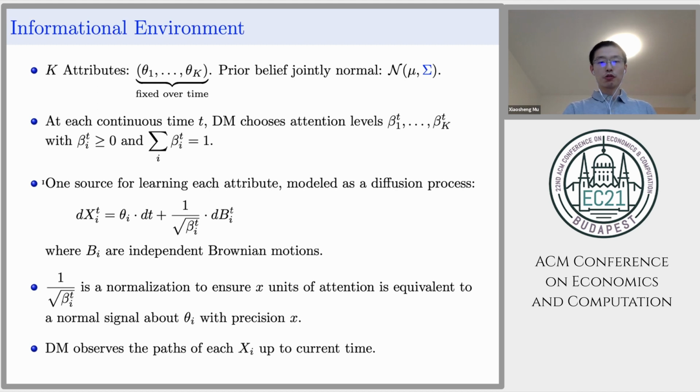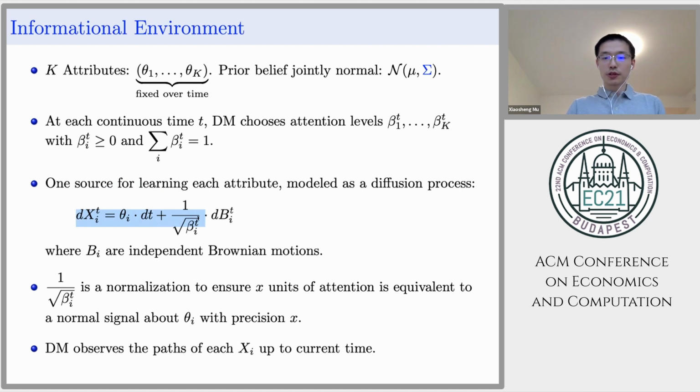There is going to be one information source for learning each attribute, and each of the information sources is modeled as a diffusion process. So all the information is Gaussian. Specifically, these diffusion processes will have drift that is equal to the unknown attribute value, and with a volatility term that is equal to 1 over the square root of the attention level.